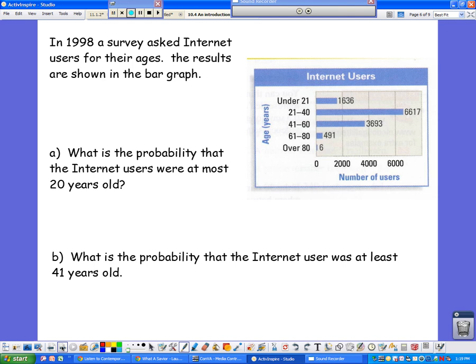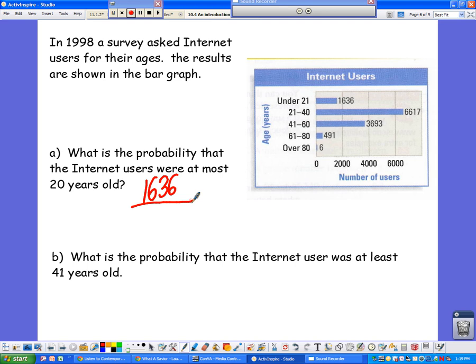So we want to make sure that they were at most 20 years old. Okay? So in other words, we're not going to include anybody that's 21 because they're over 20 years old. So anybody under 21. So I have 1,636 people in the survey that were under 21.